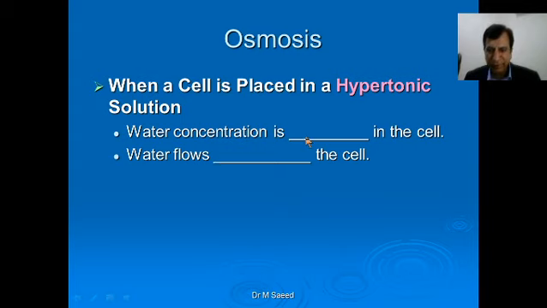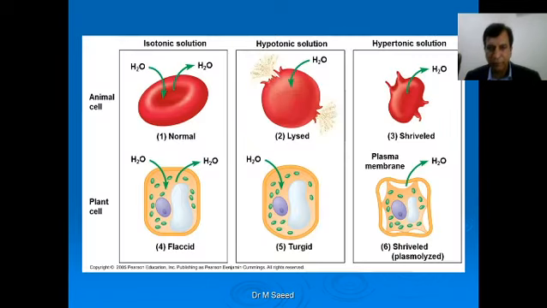Water concentration is high in the cell and water flows out of the cell. That is why when RBCs are placed in hypertonic solution, they are shriveled, they shrink. This is how we get the response of the cells when they are placed in hypo or hypertonic solutions.